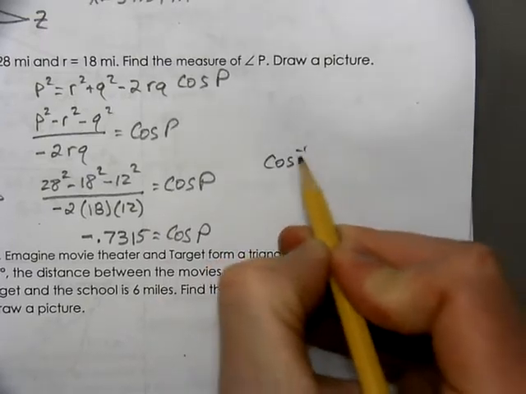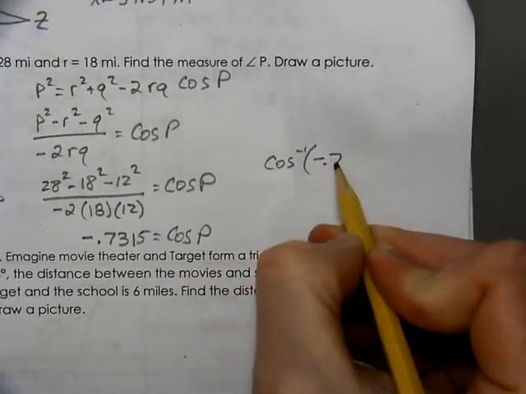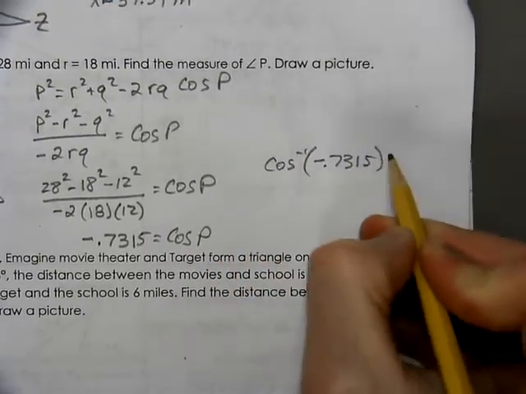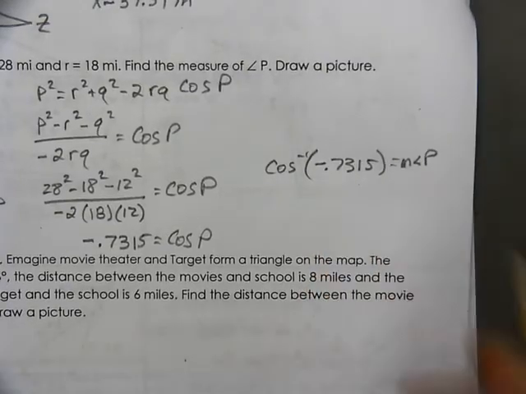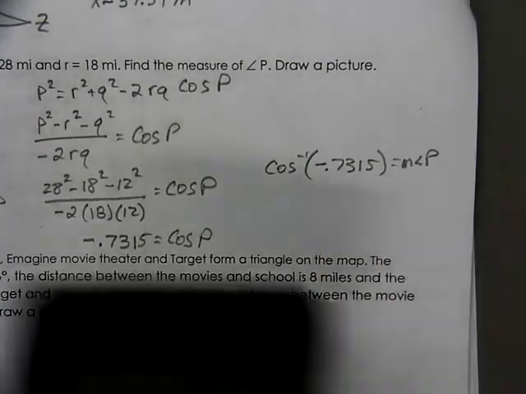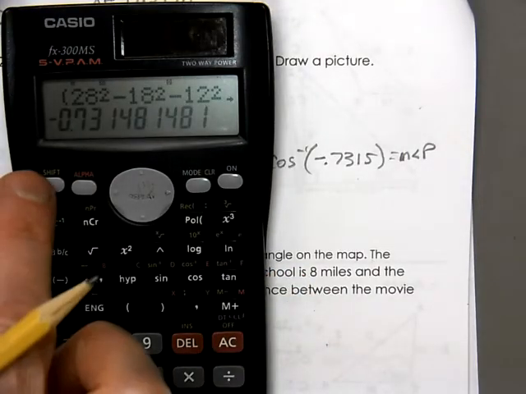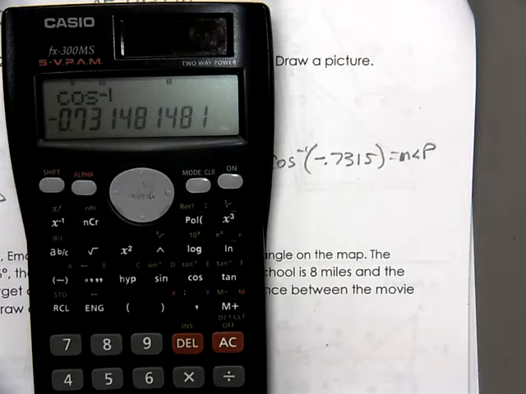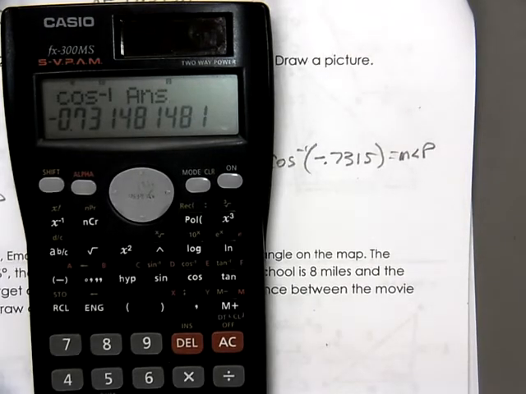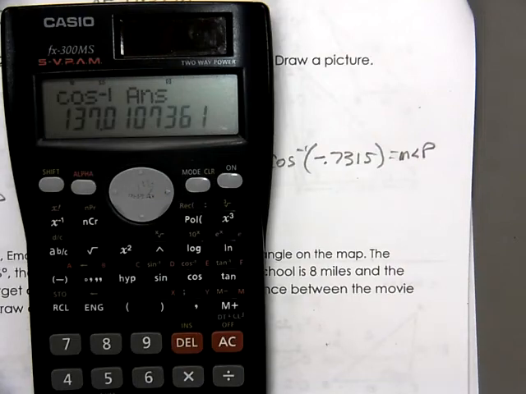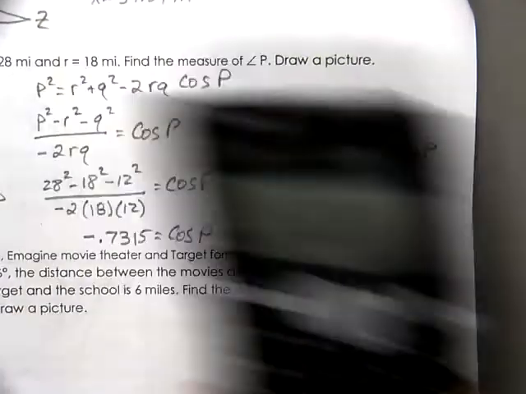So we're going to say cosine inverse of -0.7315, and that's going to equal the measurement of angle P. For us to figure out what that answer is, we're going to say cosine inverse of our previous answer. You want to use the answer key. Don't type in rounded answers. So we get 137.01 degrees.